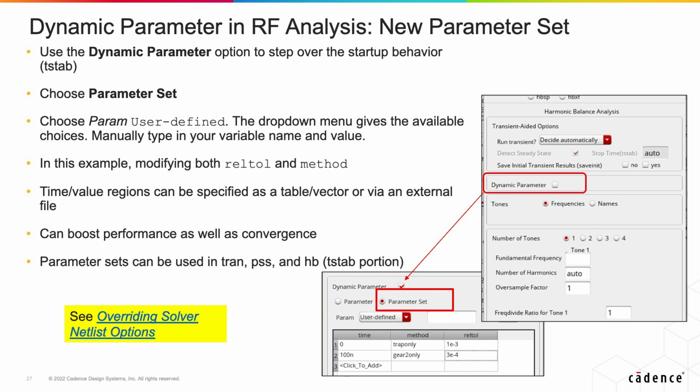So you can actually change a bunch of things using dynamic parameter, and then that can help you get through, say if your PLL is going to lock at 100 nano or something, from 0 to 60, 70, 80 nano, you really don't care about your accuracy. And if you put conservative all the way, then you're just going to spend so much simulation time for accuracy that you do not need.